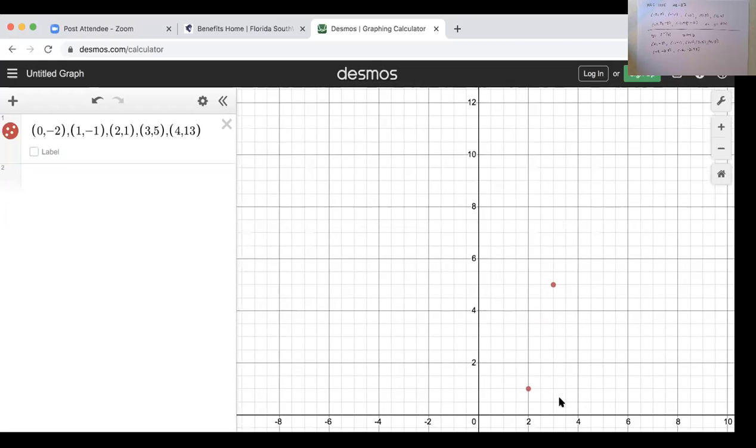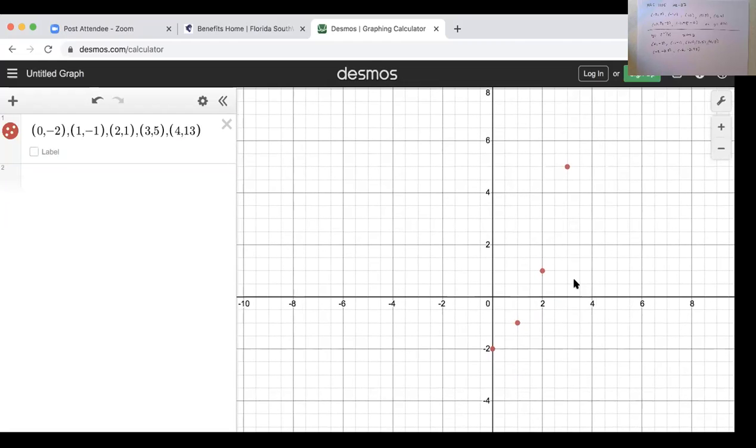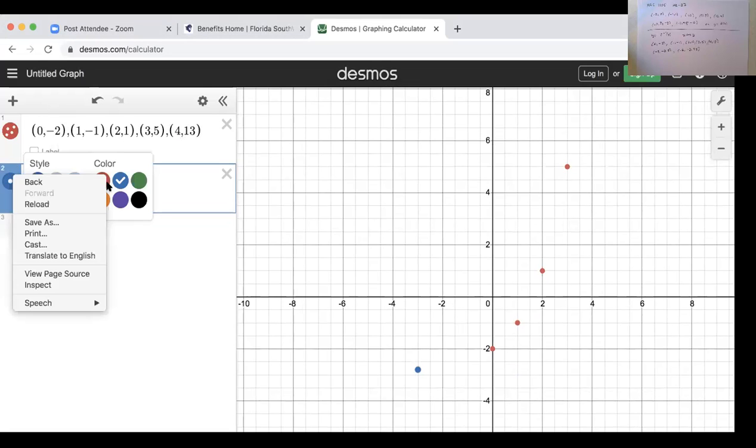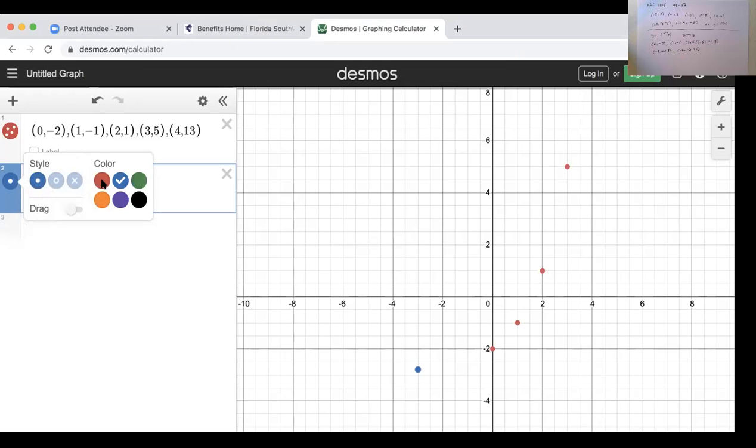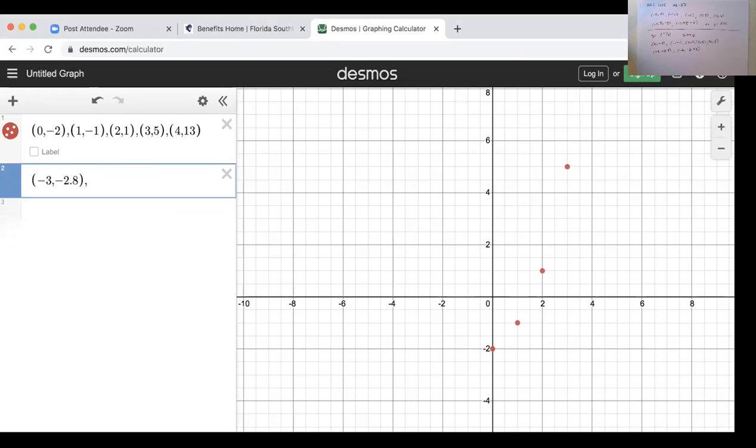So we can see the way this thing is growing, heading that direction. Then -3, -2.8. I'll change that color to red to match the others. And then we had -6, -2.95.